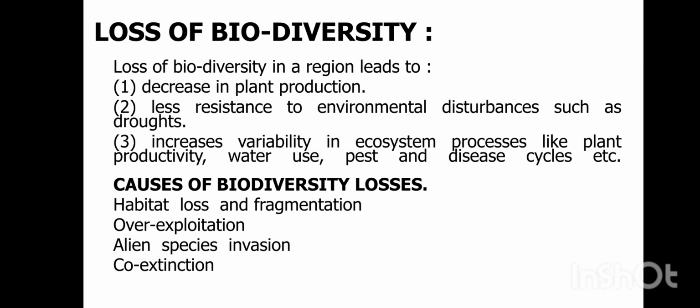When a species becomes extinct, the plant and animal species associated with it in an obligatory manner also become extinct. For example, if the host species becomes extinct, all the parasites exclusively found on it will also become extinct. So, these are the possible causes of biodiversity loss.